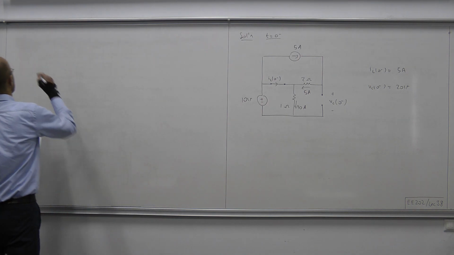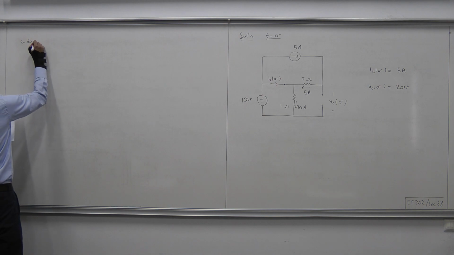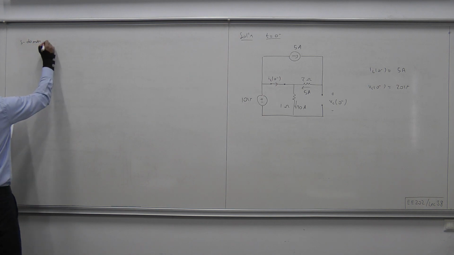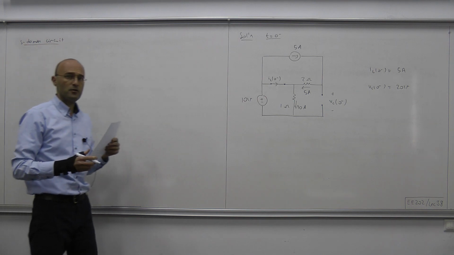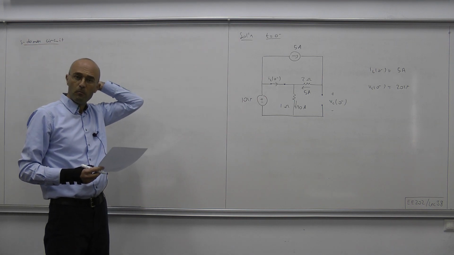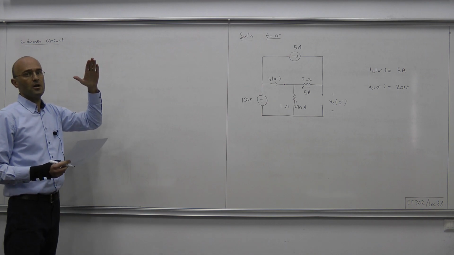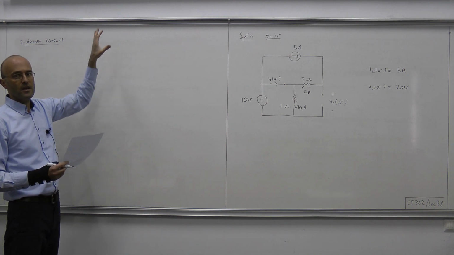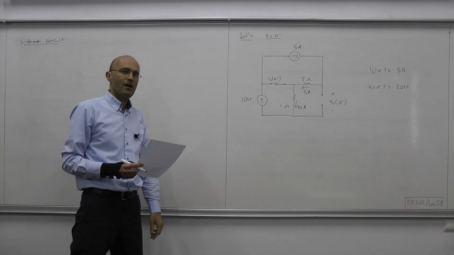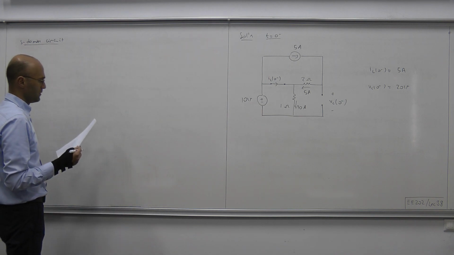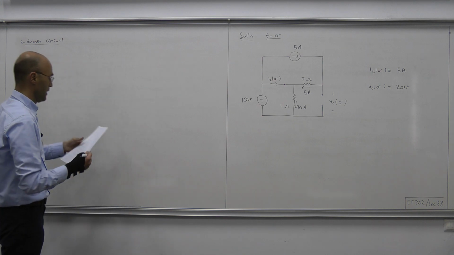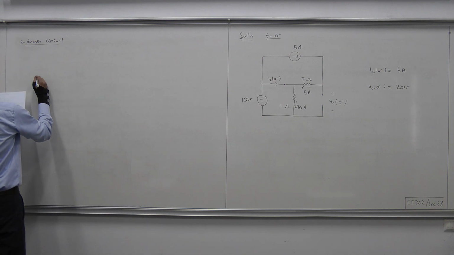Now, the S-domain circuit. We're considering the circuit for t positive, therefore the switch is in the top position. That means the current source is taken out of the picture, and what remains is the other stuff, and that in S-domain produces the following.